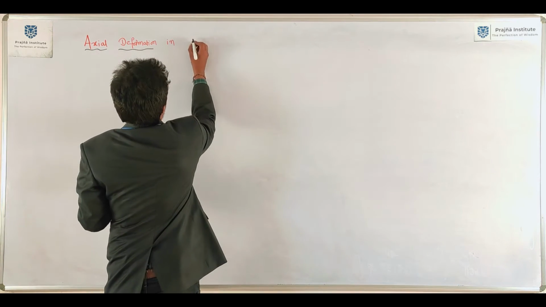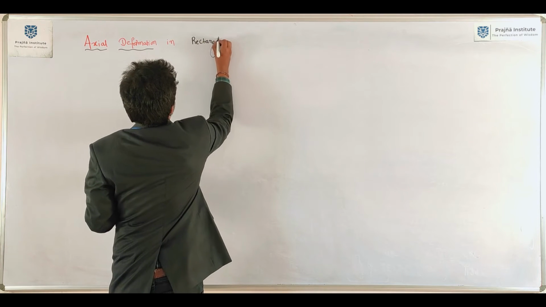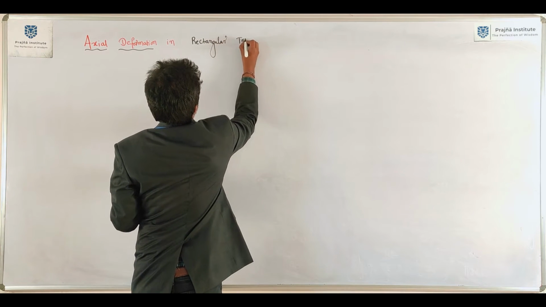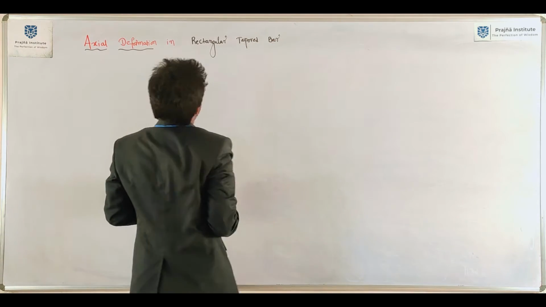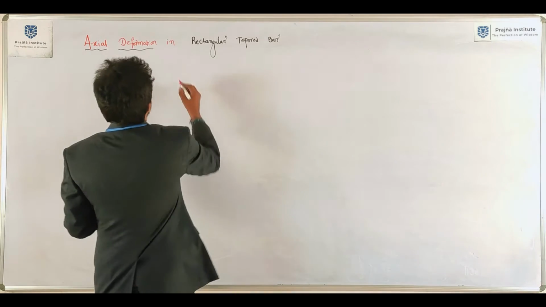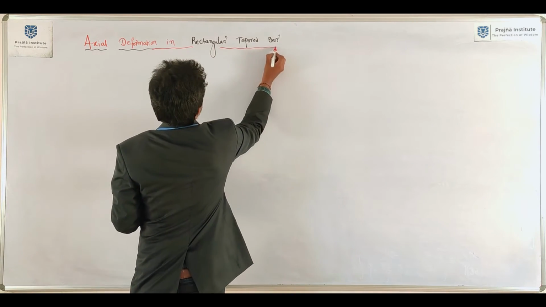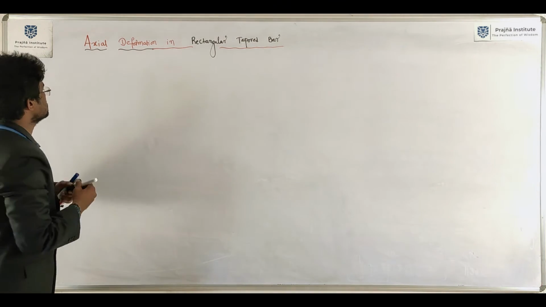Rectangular tapered bar. Rectangular tapered bar. It is one of the important derivations for engineering services examination. Rectangular tapered bar. See here.